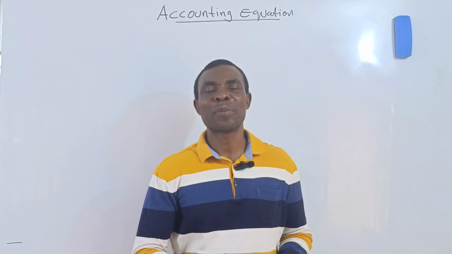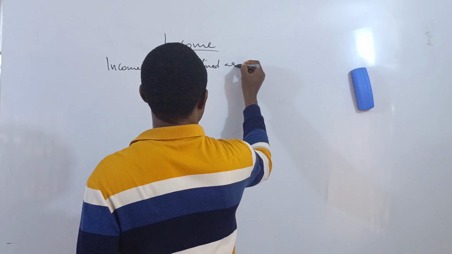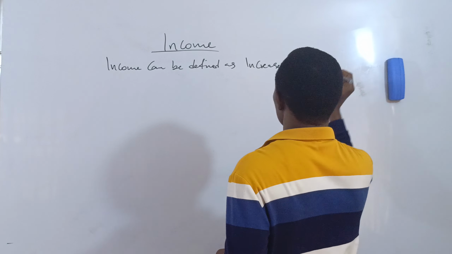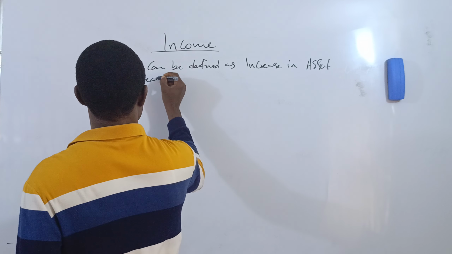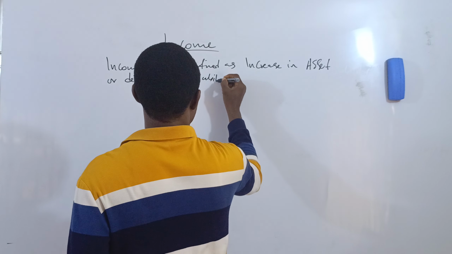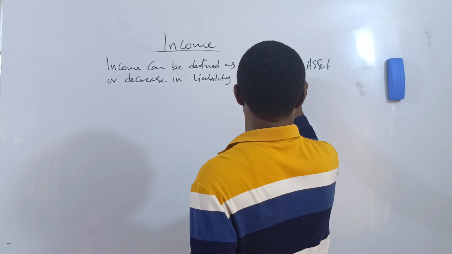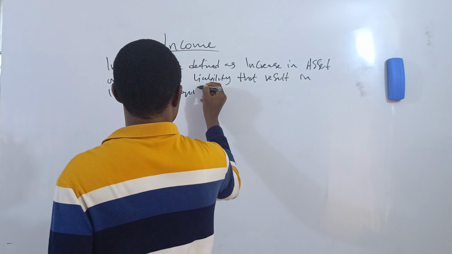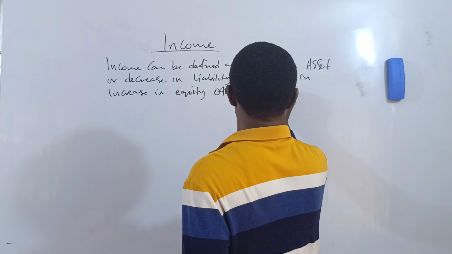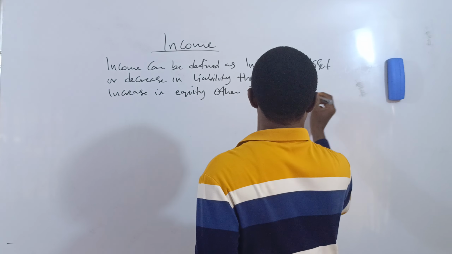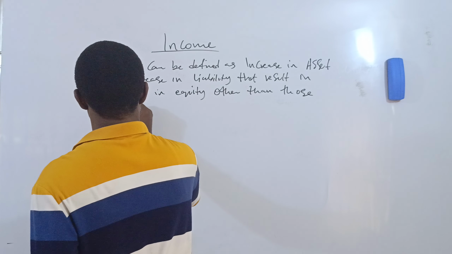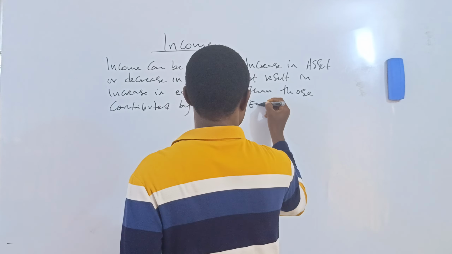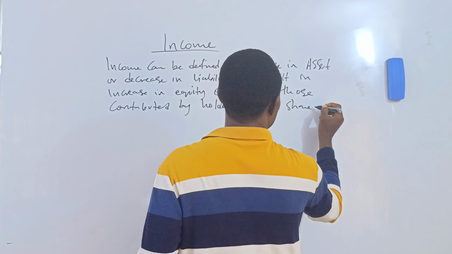Definition: income can be defined as an increase in assets or a decrease in liability that results in an increase in equity other than those contributed by holders of equity share.